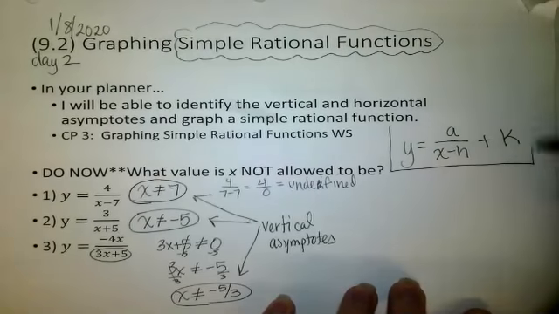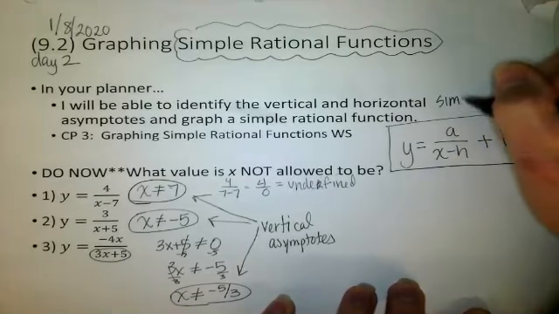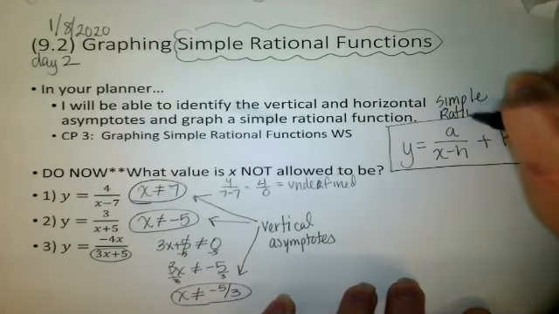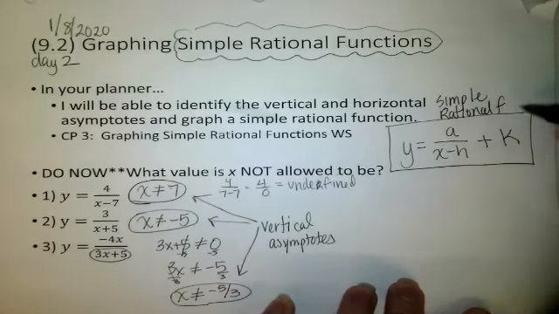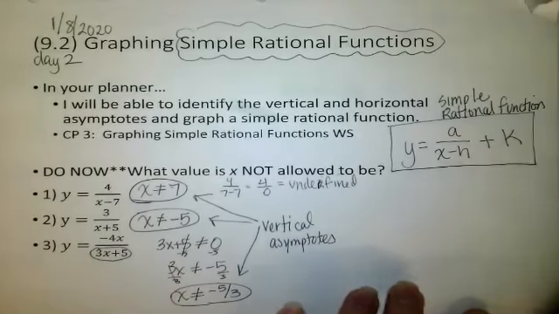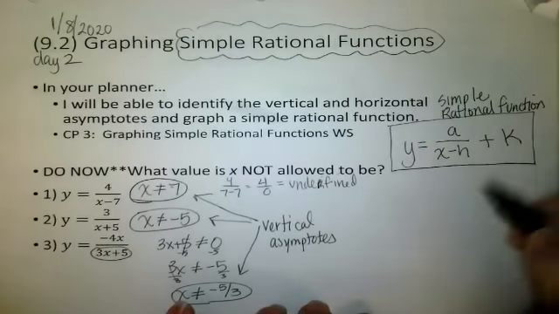This is our very, very most simple rational function. Rational, you can see we have a fraction here with a over some stuff. Okay. And when it's in this really, really simple form, it's really easy to actually see a couple of asymptotes.